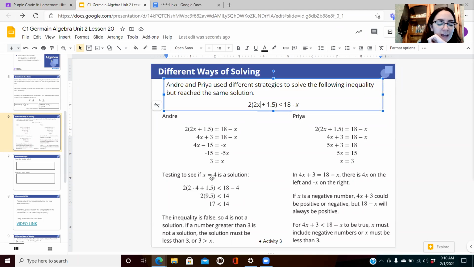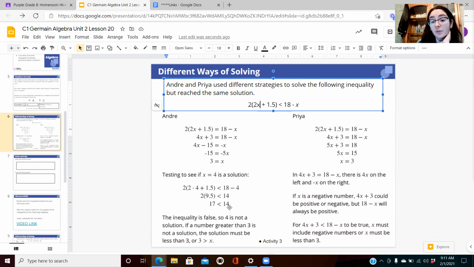You would do all of that in the parentheses first. 8 plus 1.5 would be 9.5. Multiply that times 2 to get 19, is that less than 14? Is this a true statement though? Is 19 less than 14 a true statement?